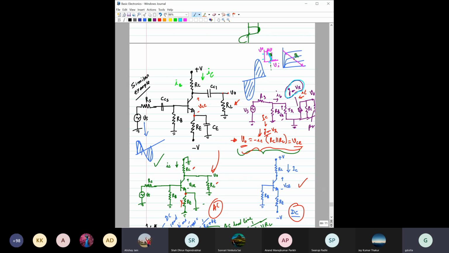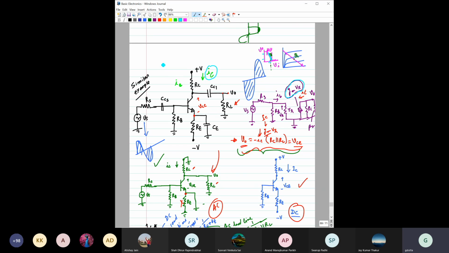Which assumption are you referring to? Sir, in the starting we wrote that small v_be should be less than VT. Does it impose any criteria on this IC? Please figure it out.